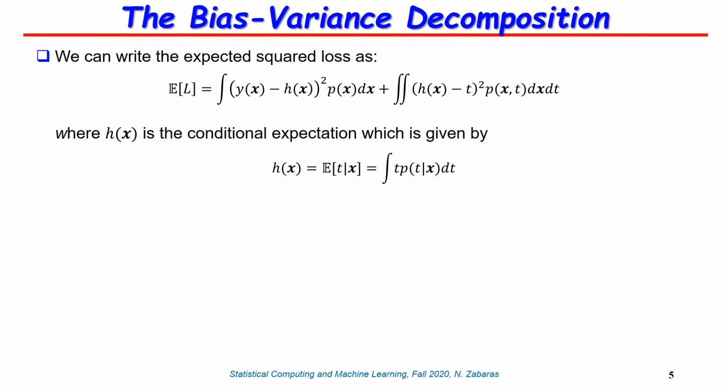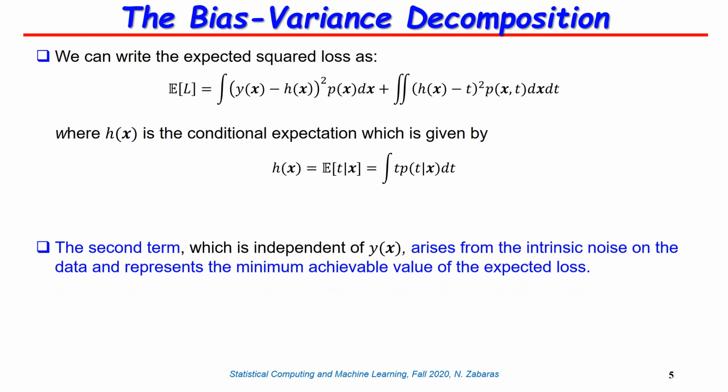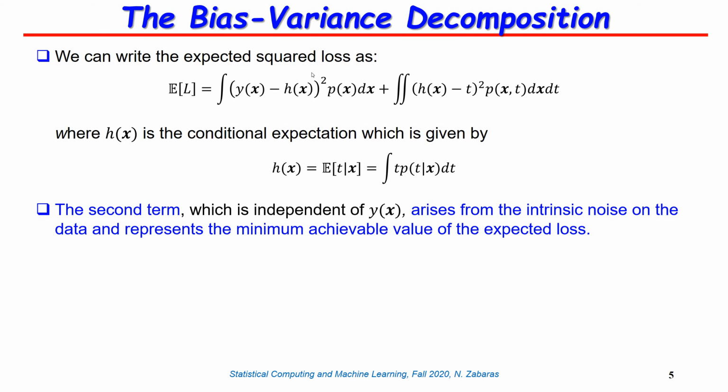So this noise, we're going to leave it there. We're not going to touch it. This is the minimal error that we can anticipate regardless of what method we use. Now the other term, of course, depends on y of x.